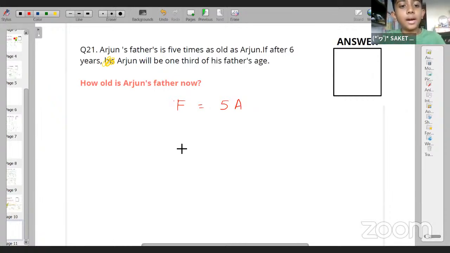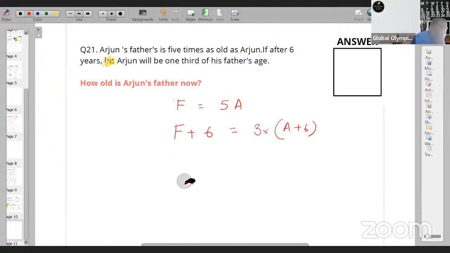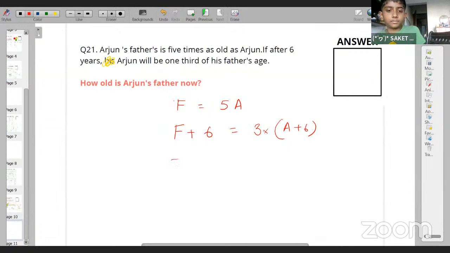So F plus 6 equals 3A plus 6... no, 3 times (A plus 6). Here what we can do is write F as 5A.